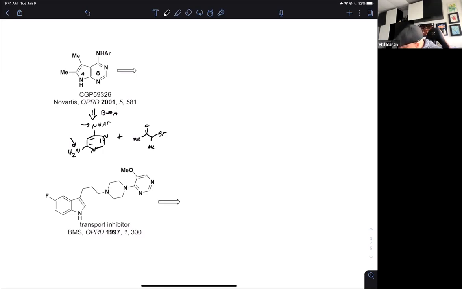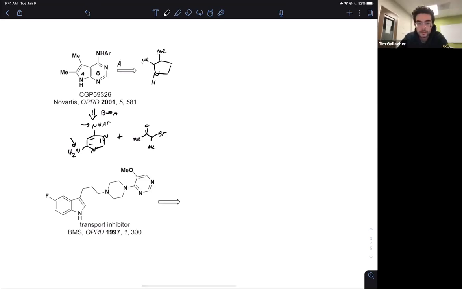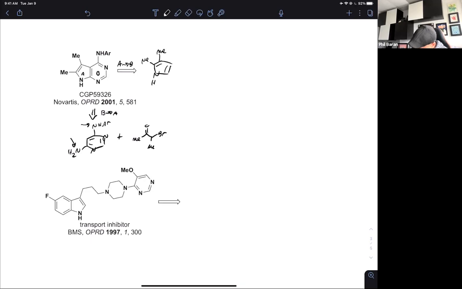If we think about the process scale route to this compound, then we can imagine that just might come back from this compound. So would you worry about the nitrogen also becoming a bridgehead? That is a good point.